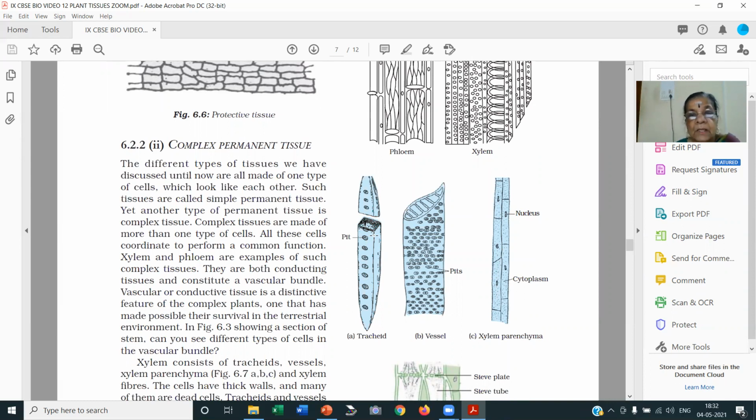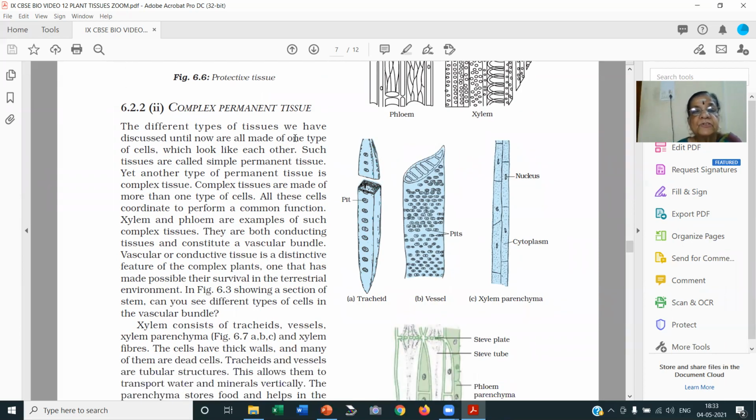I hope you follow. On the outer part of the xylem tissues, there is the pit, a cell wall thickening. And this is the vessel. The only difference is that tracheids are narrow in nature, vessels are broader. And tracheids are present in angiosperms, gymnosperms, and pteridophytes, whereas vessels are present only in angiosperms. The major difference. Are you clear? Yeah? So this is complex permanent tissue, xylem.